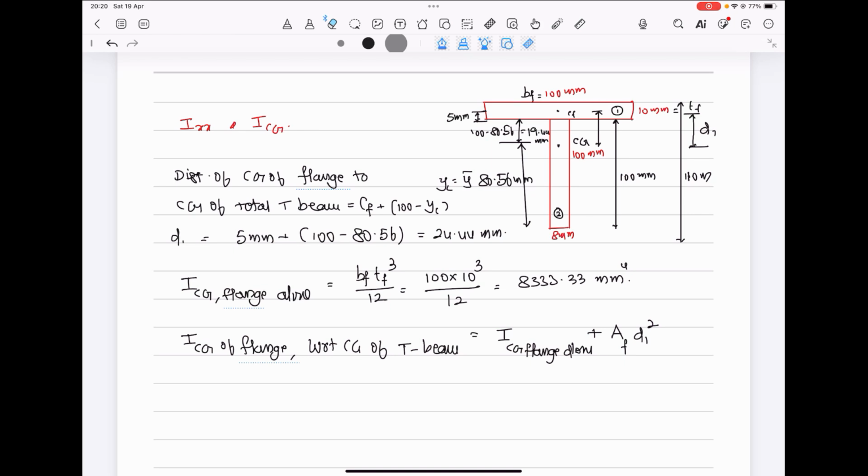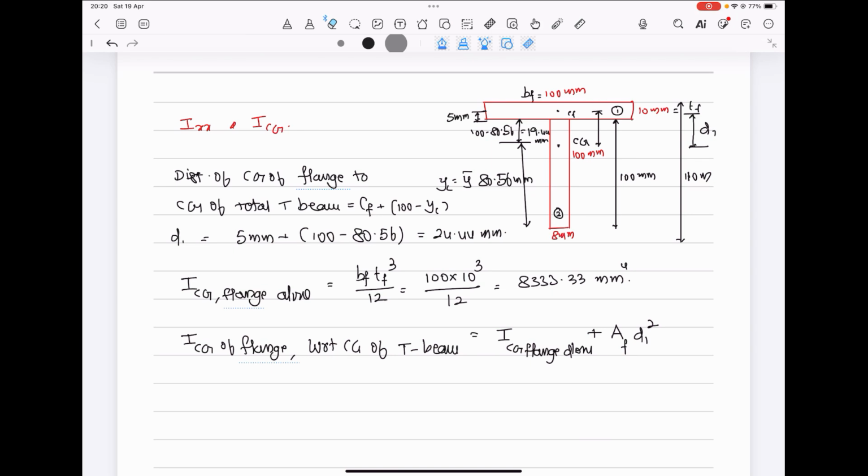Because we wanted to find out the moment of inertia, or second moment of area, with respect to center of gravity of the total T-beam. We have to find out the distance between the center of gravity of the flange and the center of gravity of the total T-beam.